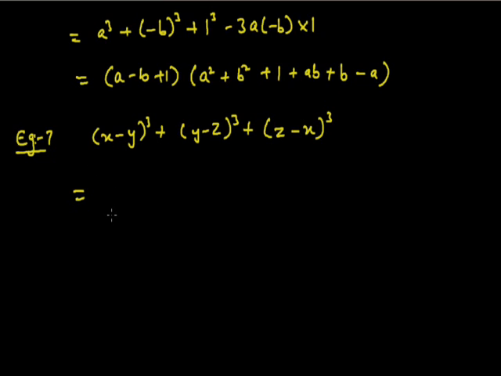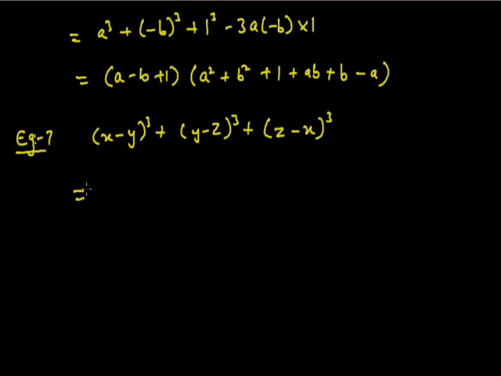The identity which we discussed in the last question was a cube plus b cube plus c cube minus 3abc is equal to a plus b plus c into a square plus b square plus c square minus ab minus bc minus ca. In this question, we use the special case of that identity.